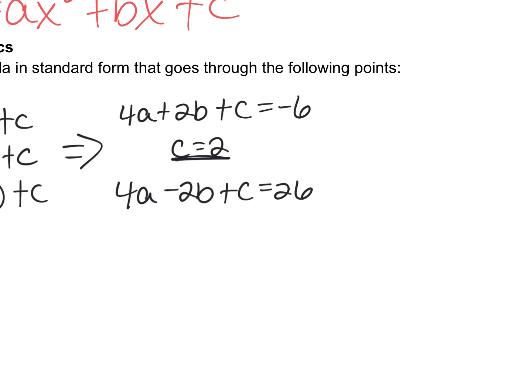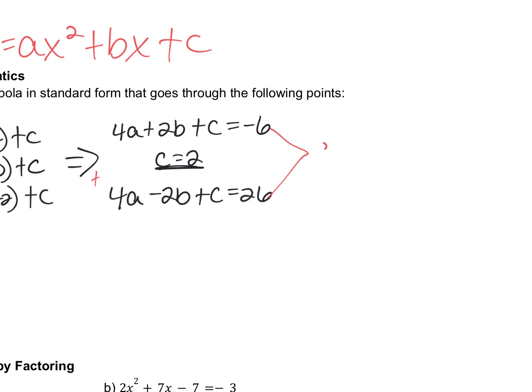Okay, so there's a few different ways you can go about this. You could plug in the 2 now. I'm going to choose to combine these equations, and it looks like they're ready for me to add them, and those b's will cancel out. So I'm going to go ahead and add those. So you're going to have 8a, the b's cancel, plus 2c equals 20.